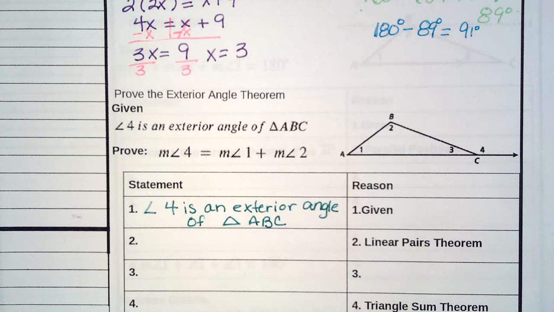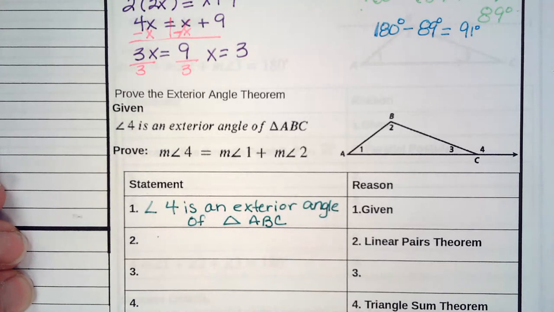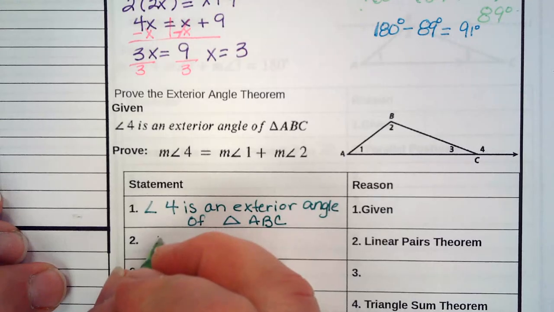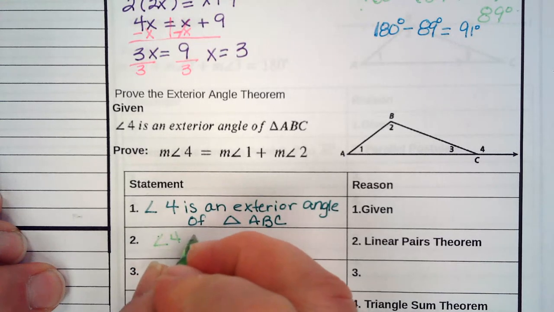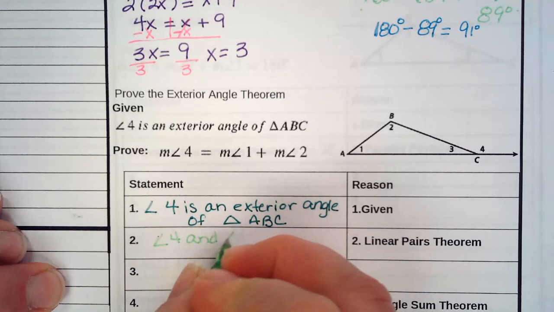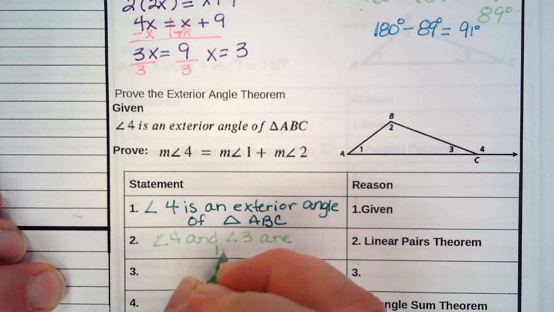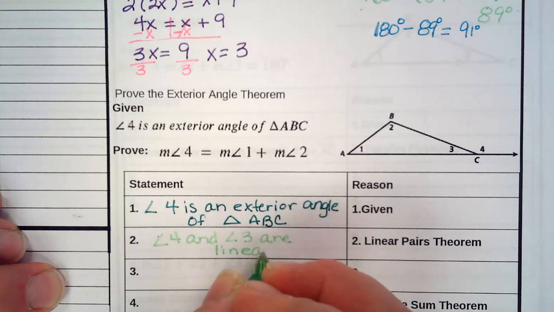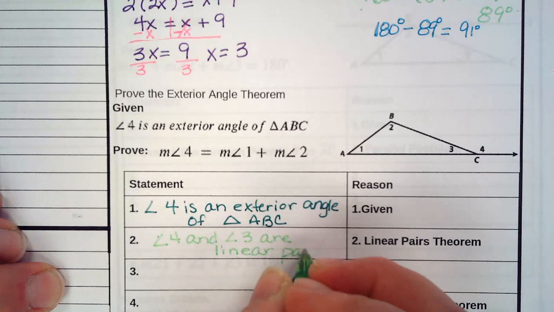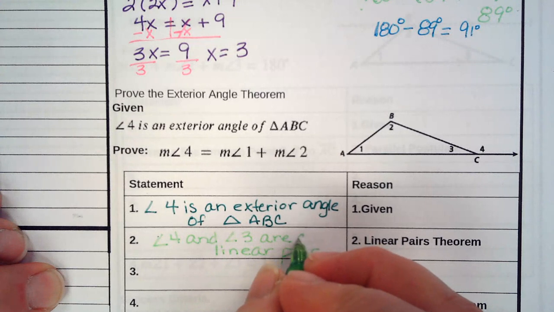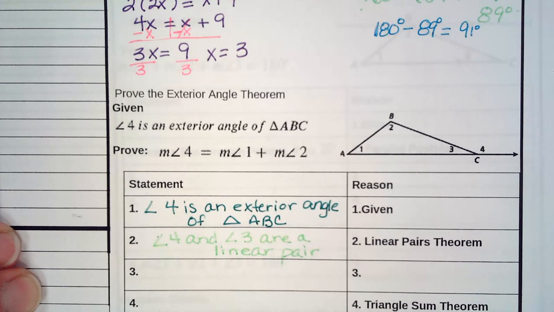So we know that angle 4 and angle 3 are a linear pair.